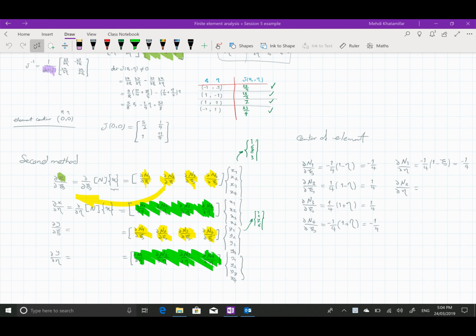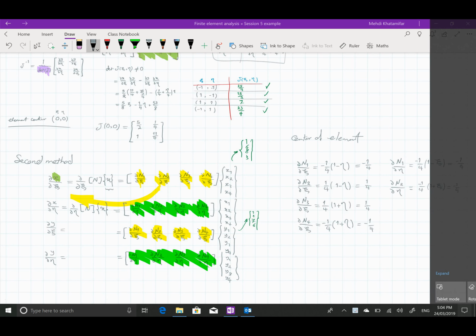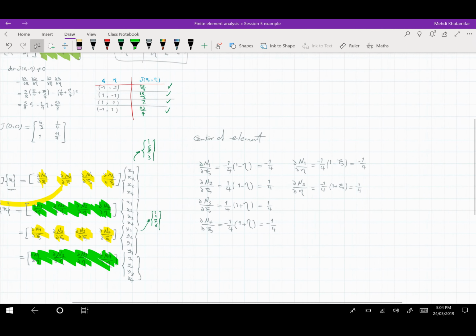Okay, let's continue finding the derivatives of n. Number 2 is going to be negative 1 over 4 times 1 plus psi, which is negative 1 over 4.